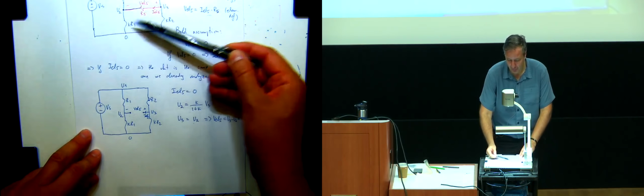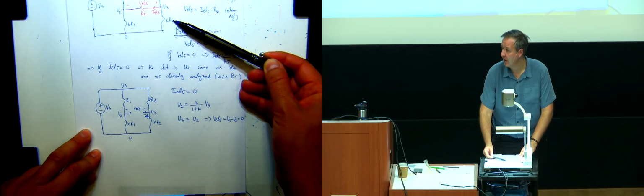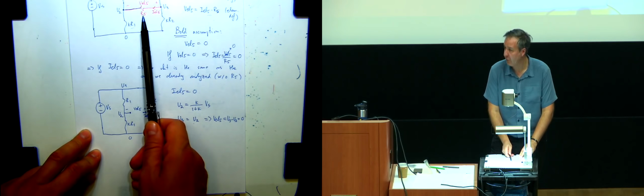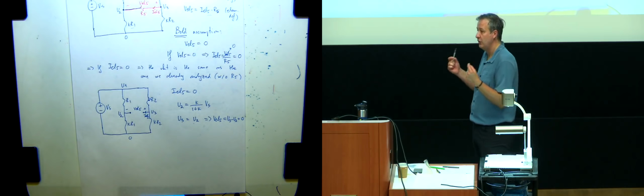But we want to create a model where we have a true non-zero R5. Right? And show you that as long as these resistances are proportional, even if you have the real resistor across, the nodes are still at the same potential. Does that make sense? That's kind of the big conclusion here.